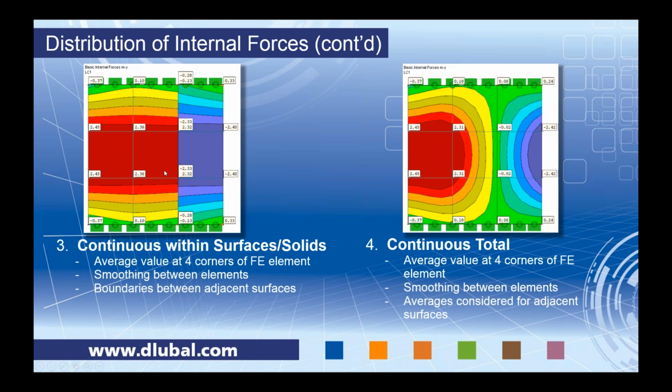There is no smoothing between the two adjacent surfaces, so there's an actual boundary there. The difference with continuous total is, exact same thing, the average value at the four corners. There will be smoothing between each element, but it will also smooth between adjacent surfaces. So it's really up to you as the engineer to decide whether you have stress distribution between these two surfaces, or rather, whether you should have a boundary between them.